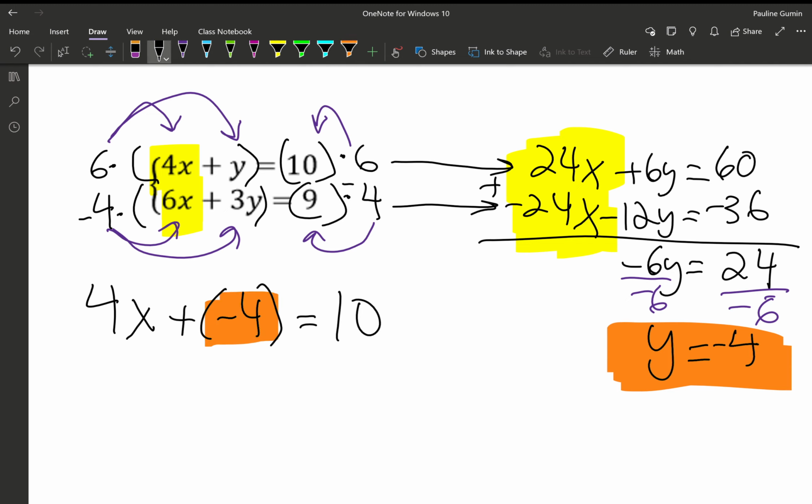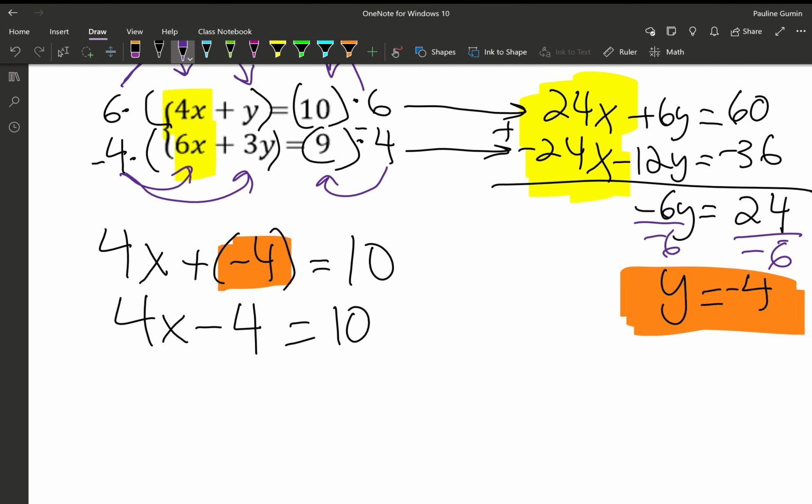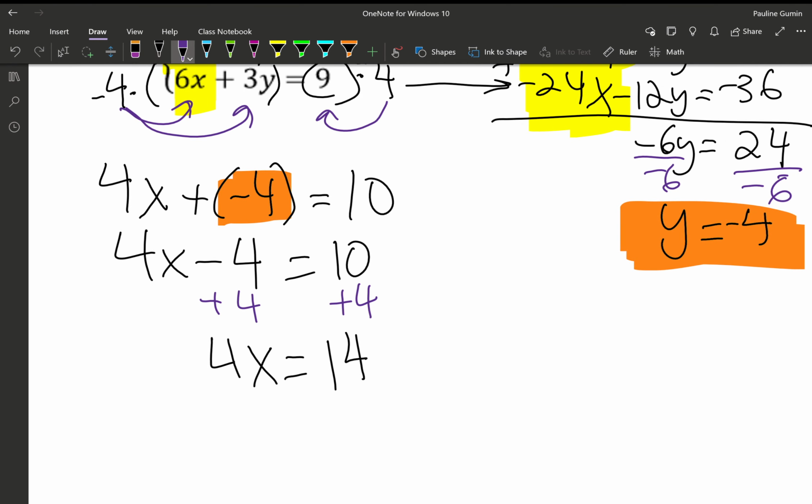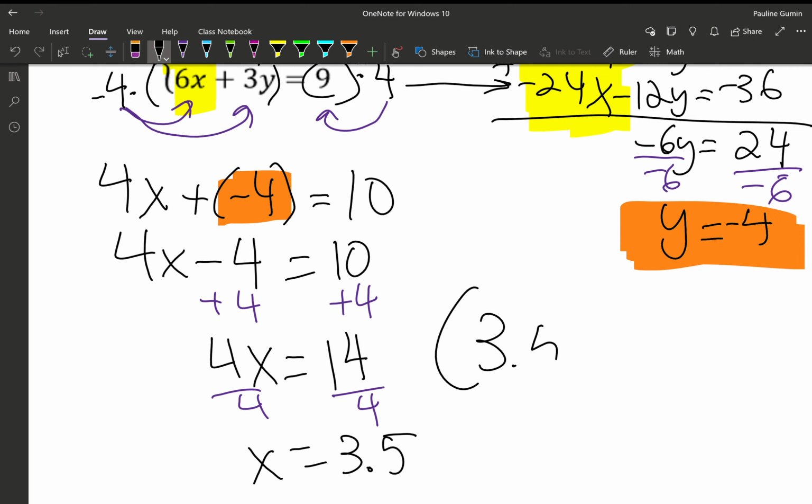Now, plus a negative 4 is the same thing as writing 4x minus 4, which means we're going to begin by adding, continue by adding. 4x equals 14. And then we divide both sides by 4. We get a nice decimal, x equals 3.5. So our solution, 3.5, comma negative 4.